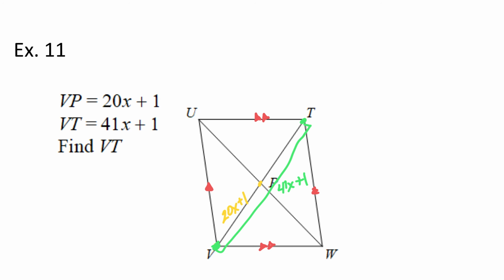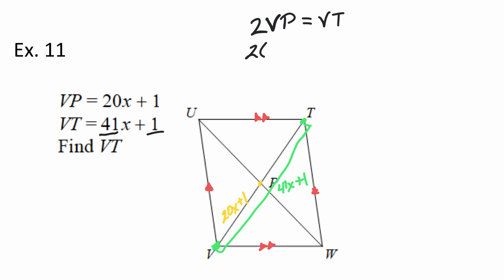So we've got two options here. We can either cut the VT in half, or we can double the PV. Now, cutting 41 in half and cutting 1 in half is not a favorable outcome for us. So instead of cutting the big one in half, what we're going to do instead is double the small piece. So 2 VPs would equal 1 VT.